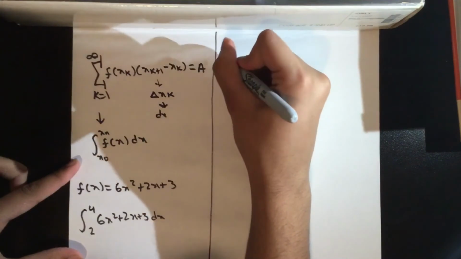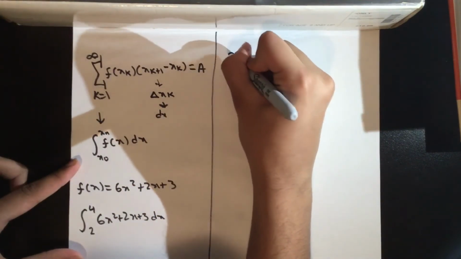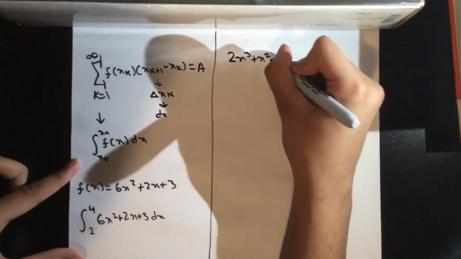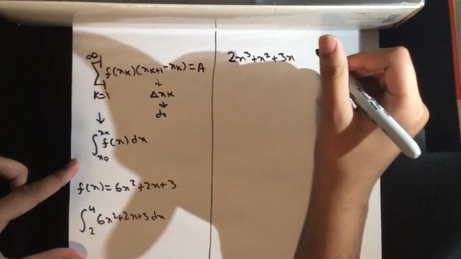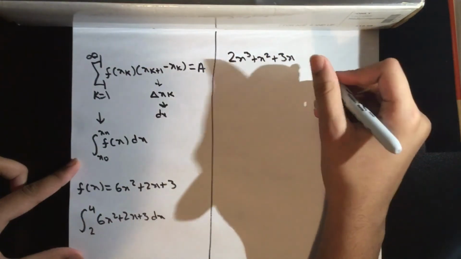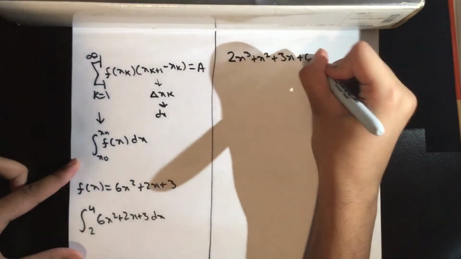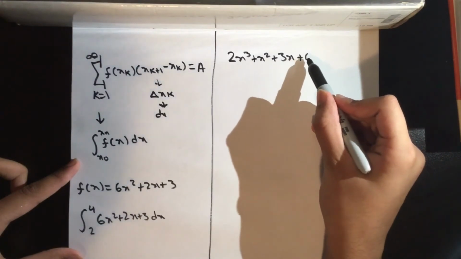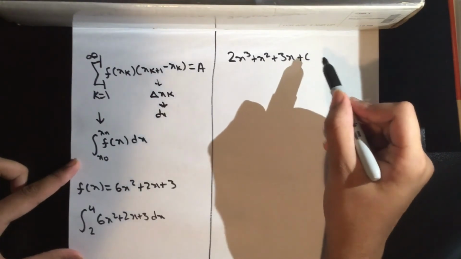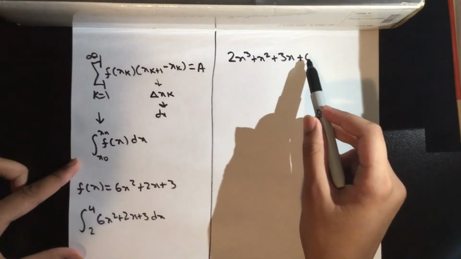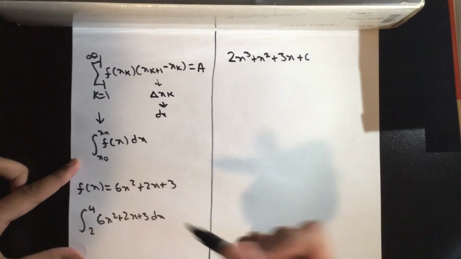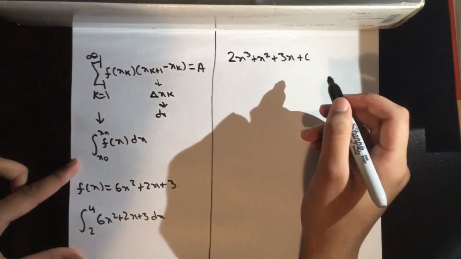We would need to differentiate 2x cubed to get 6x squared, plus x squared, plus 3x. And we can't forget about the constant of integration, plus c. This is the constant of integration. Now this comes there because the derivative of a constant is always 0. So no matter what this constant is, as long as it is in fact a constant, it'll be the same thing. So we write plus c there.